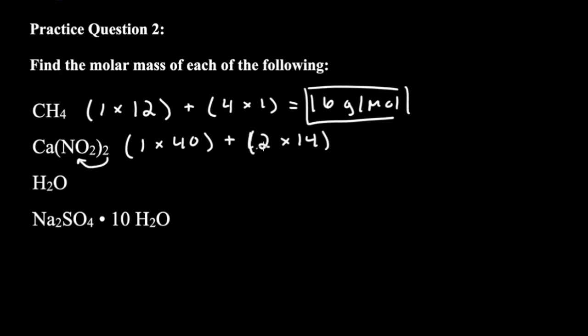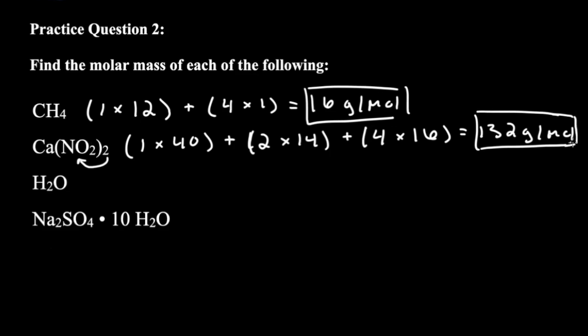So you'll have 2 times that 14, and then you want to add that to NO2, of which you have 2, which means you're going to have 4 oxygens. So you want to do 4 times 16. And when you add all these together, you're going to get a molar mass of 132 grams per mole. This is the molar mass of this chemical here.